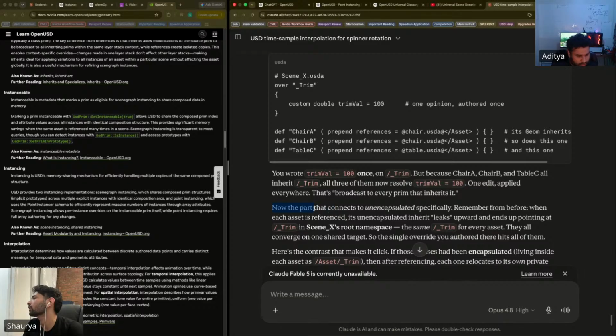Now the part that connects to an encapsulator. Each film scene axis, row namespace, the same slash string for every asset.